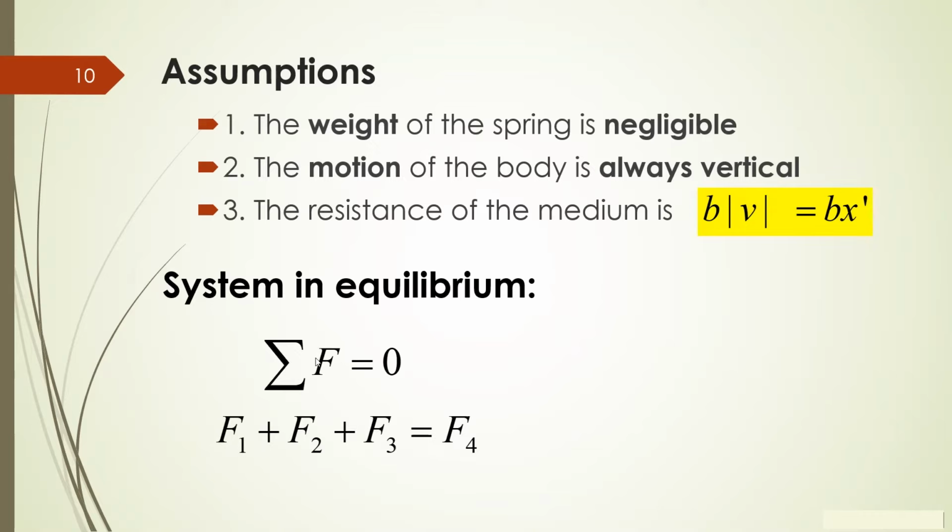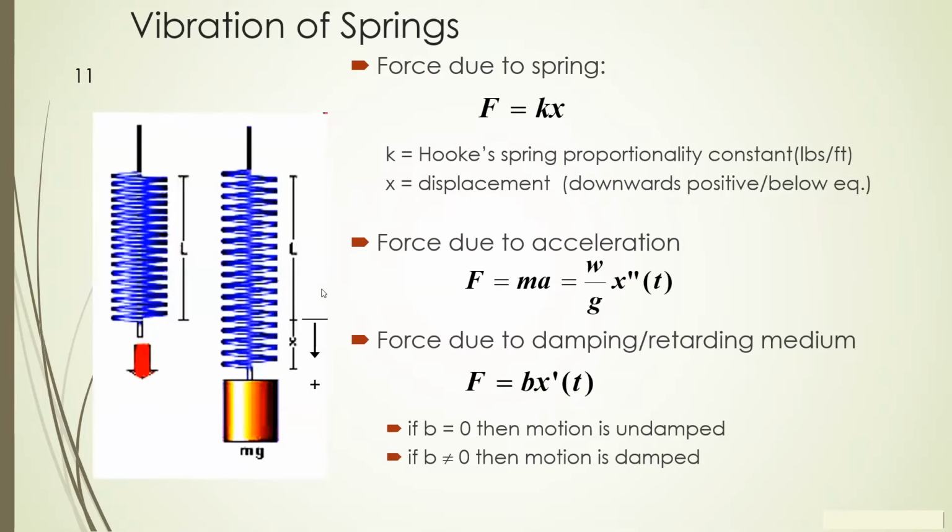Lastly, how do you solve if the system is in equilibrium? Either summation of forces is equal to 0, or F1, F2, F3 should be equal to the external force. So if there are no external forces, it's 0. If there are, it equals F4. Alright. Going back, again, what are those forces?